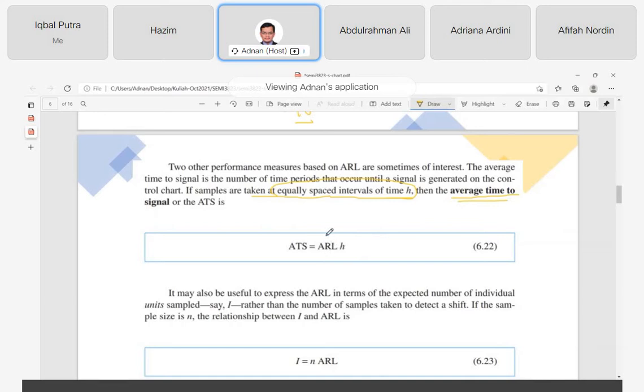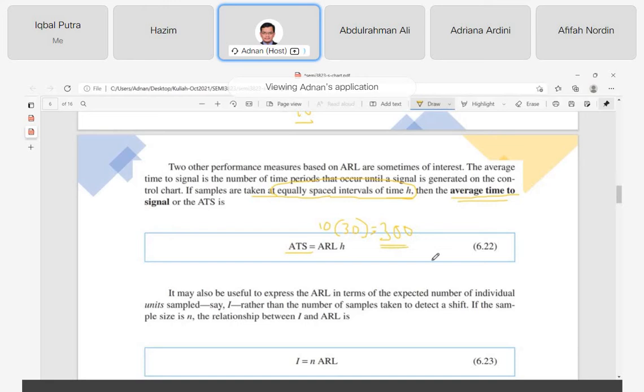Let's say your ARL is 10. 10 multiplied by 30 minutes, so the average time to signal will be 300 minutes. Every 300 minutes, you can expect the signal of instability to be triggered.